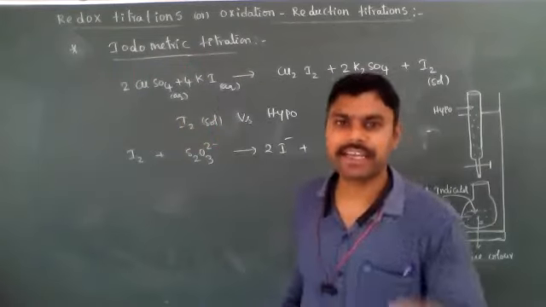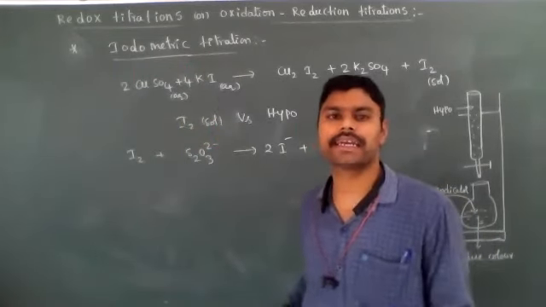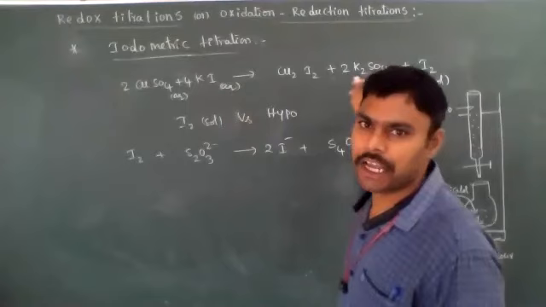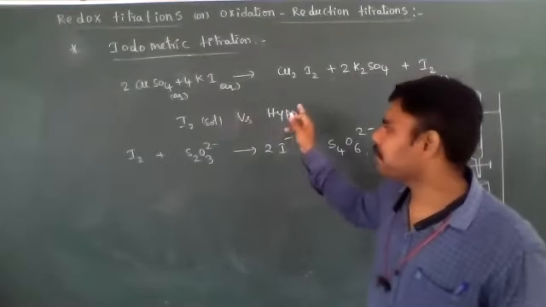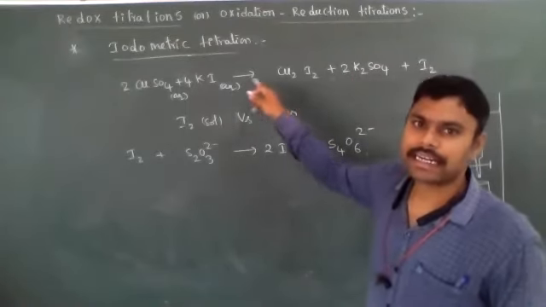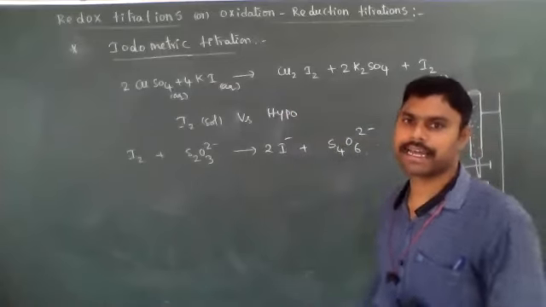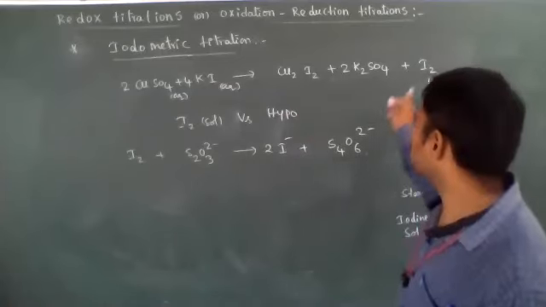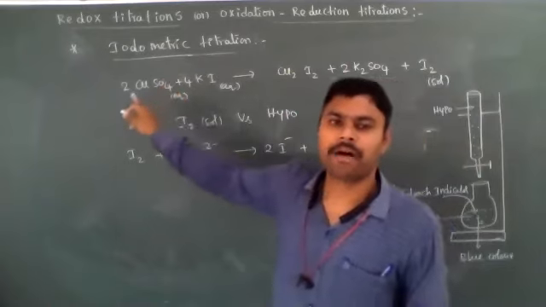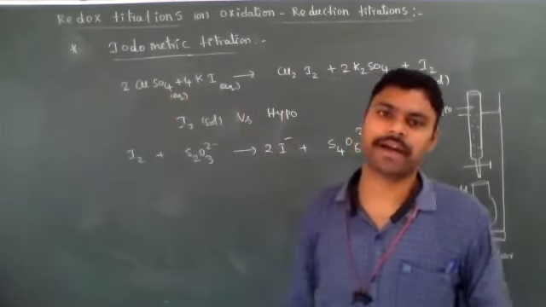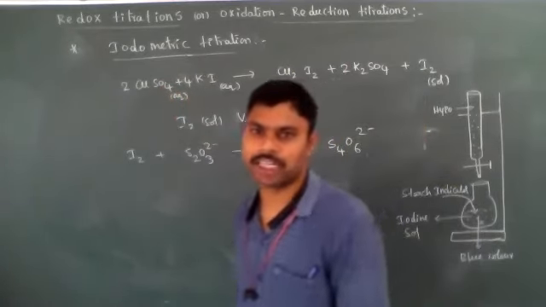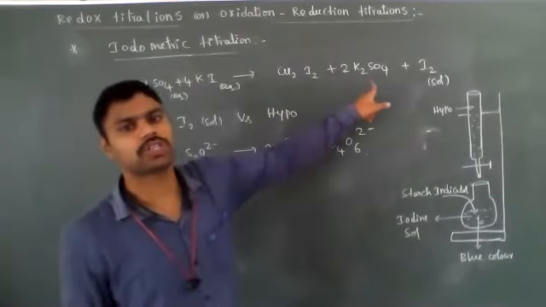What is the difference between iodimetric and iodometric? In iodometric titrations, the iodine solution we make indirectly from chemical reactions. So how do we make the iodine solution? Copper sulfate reacts with potassium iodide and forms iodine solution.